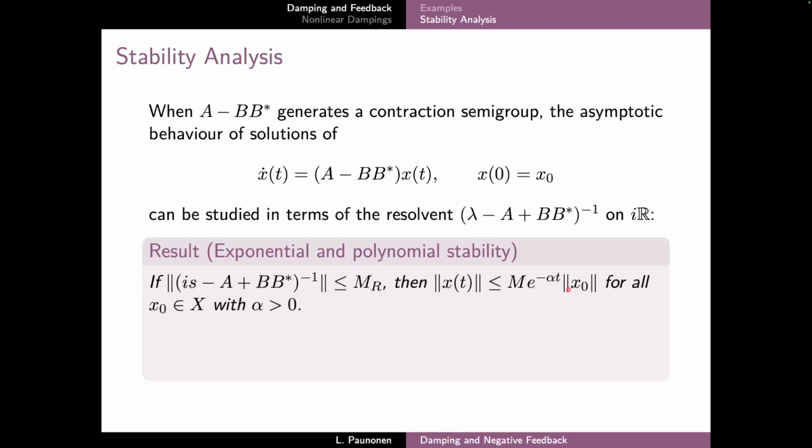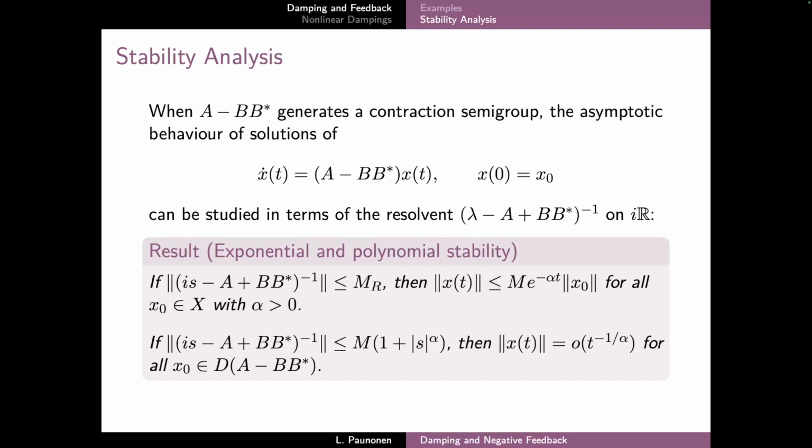As we saw in the case of our damped wave equation, we don't always get exponential stability, but also weaker forms of stability can be investigated using the resolvent operator.